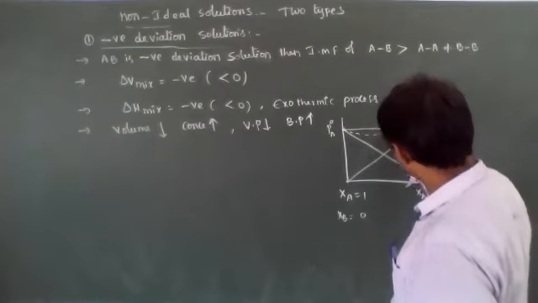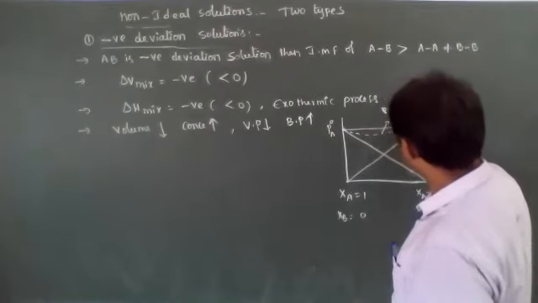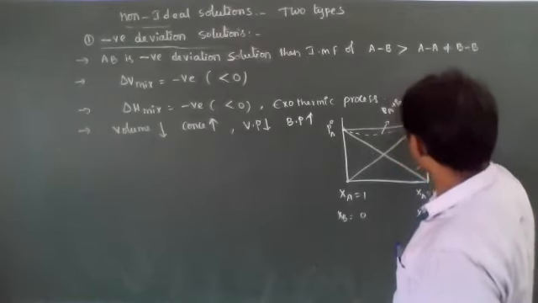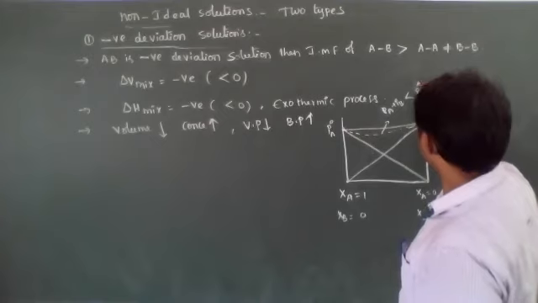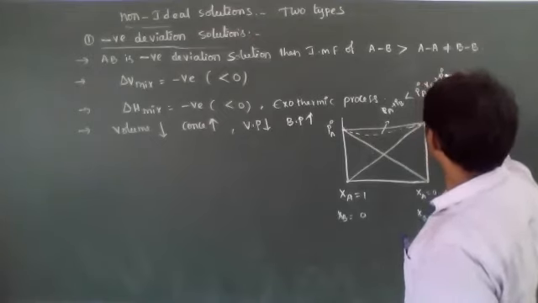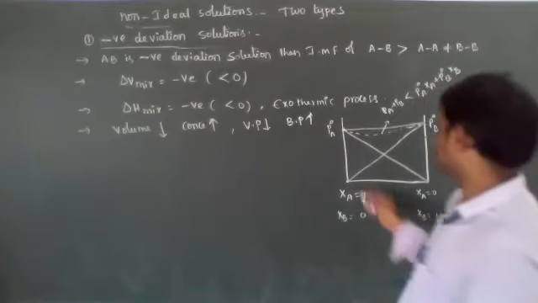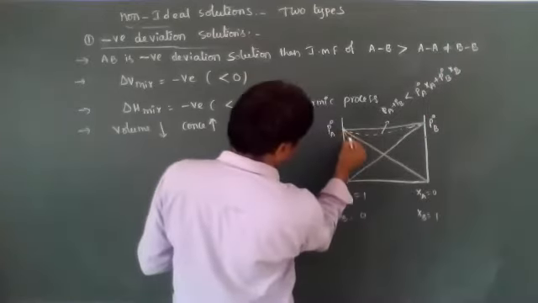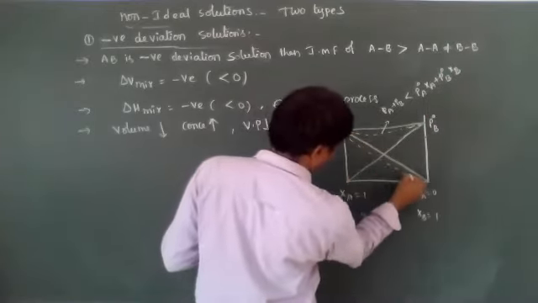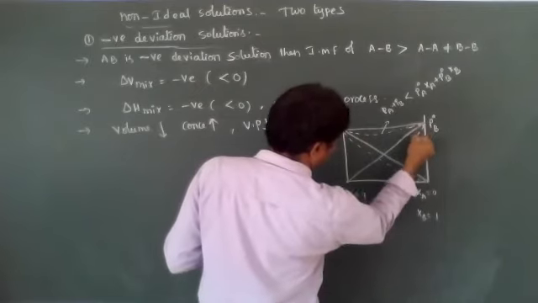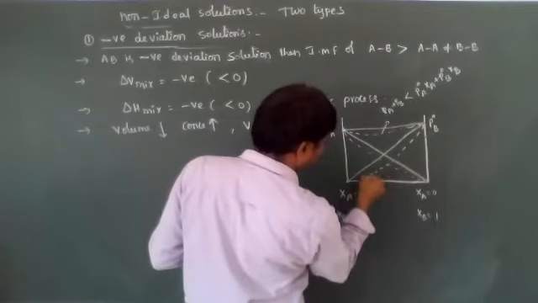These dotted lines show PA plus PB is less than P naught A into XA plus P naught B into XB. These lines also come on the lower side. The thick line is ideal.